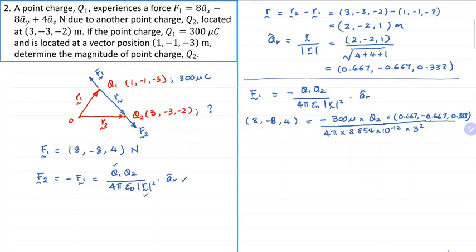So if you put in all these values in your calculator and take Q2 as the subject, you'll find that for every single x, y, and z, Q2 will give you a value of minus 4.006, or just going to use minus 4 times 10 to the minus 5 coulombs.